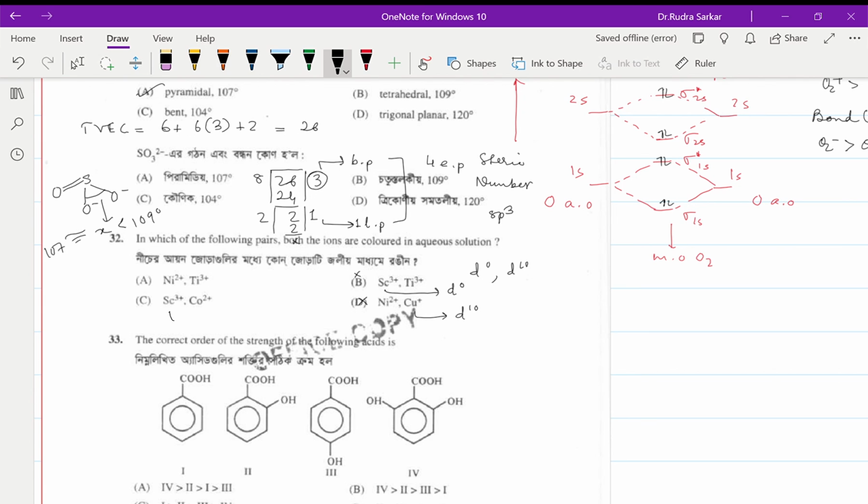Again over here we have scandium, which is a d0 system, so this is wrong. By eliminating the incorrect options, also we can reach the correct option. This is a d1 system, and that one is a d8 system, the nickel 2 plus. So the correct answer over here is going to be option A.